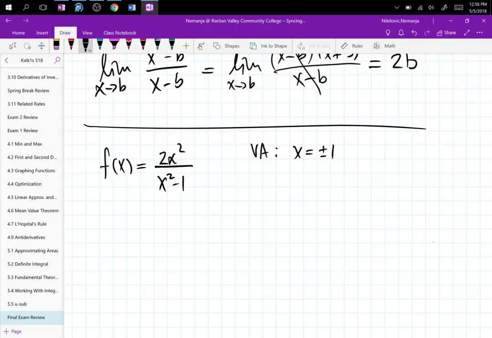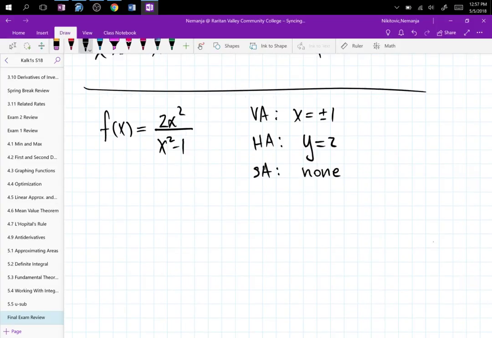Then we have 1 horizontal asymptote at y equals 2 because the exponents are the same, so we take the front coefficients. 2 divided by 1 is 2. Slant asymptotes, none. So you have to state all 3 of these because it said find all asymptotes. Slant asymptotes we don't have, so we just write there are none.